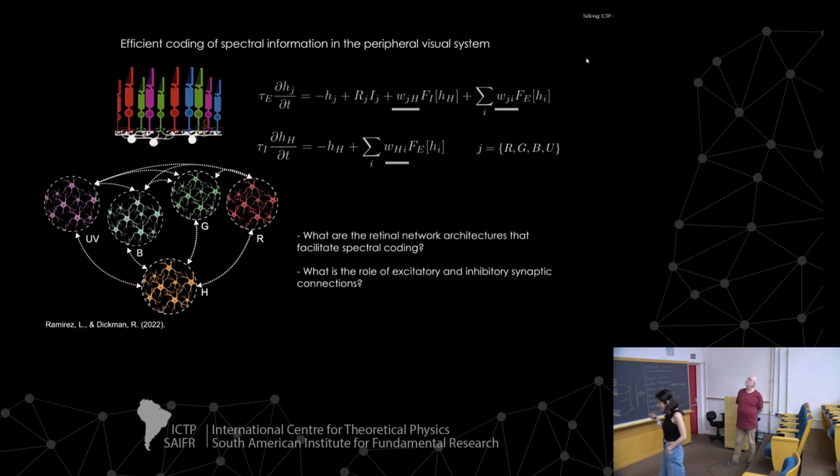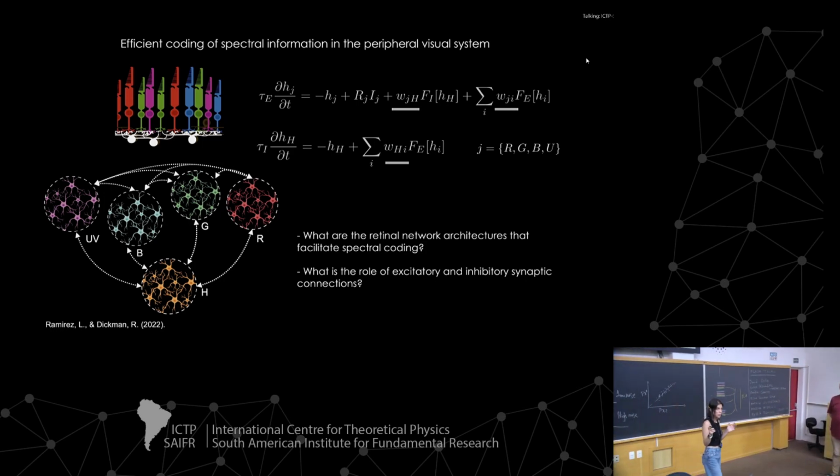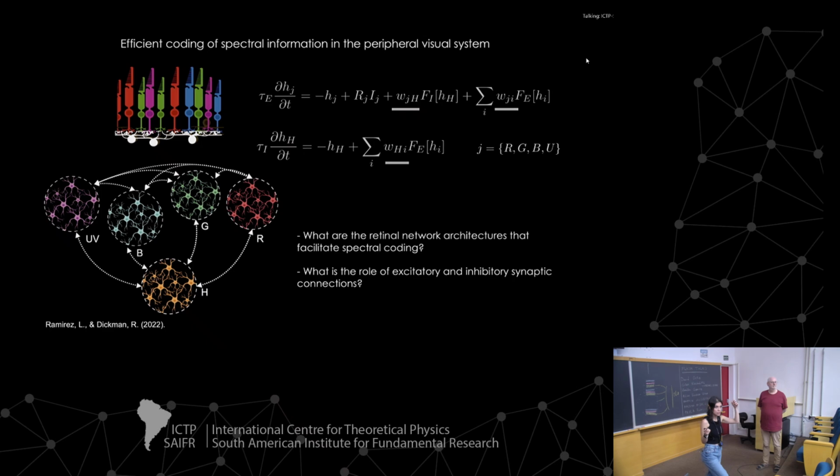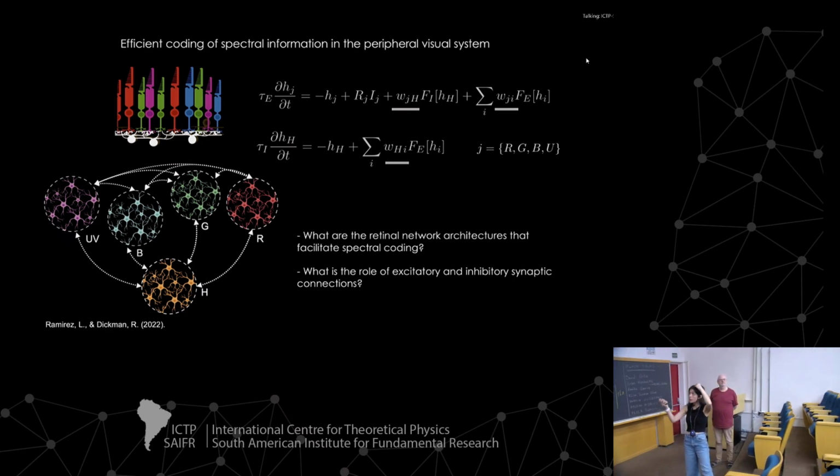Yeah. So here, what we wanted to do was to investigate the activity of homogeneous populations. This is the dynamics of voltage in these neurons. We have a time scale of the excitatory populations, and this is one equation for one single population, for instance, for red. So this is the voltage. Yes, this is like a Hodgkin-Huxley. Exactly.